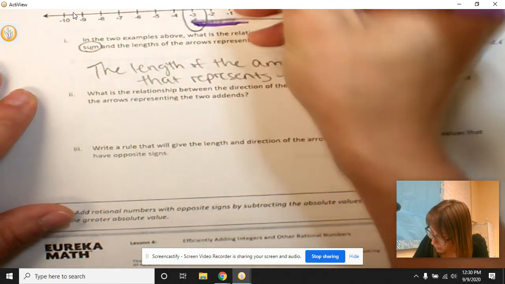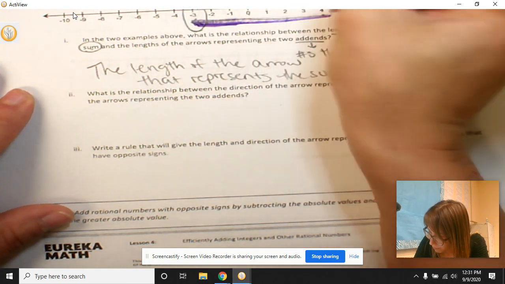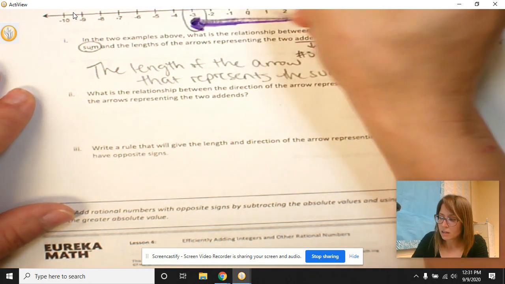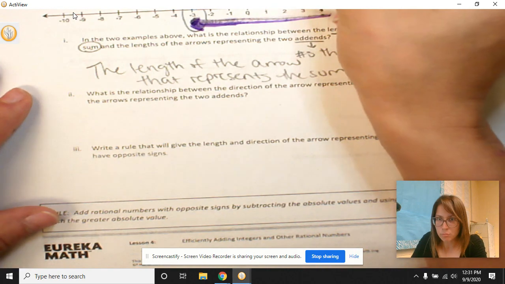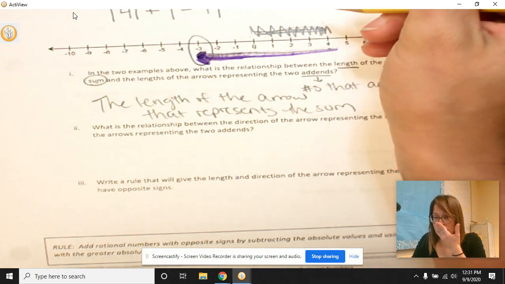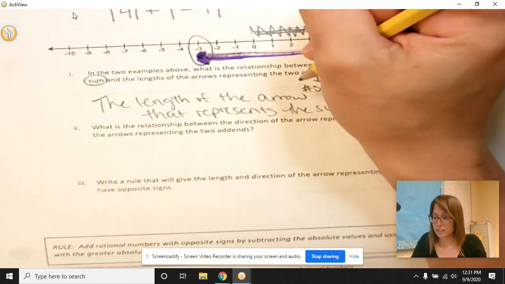Oops, my highlighter is a little bit dried out here. It can be just narrowed down to this one right here. They're asking me to cut out this middle step right here of starting at 0 and going to the first number and then adding the second number.